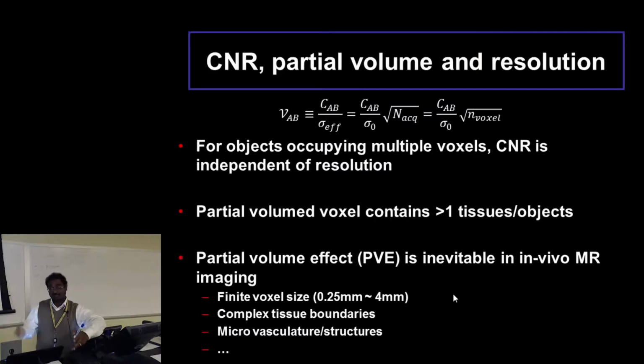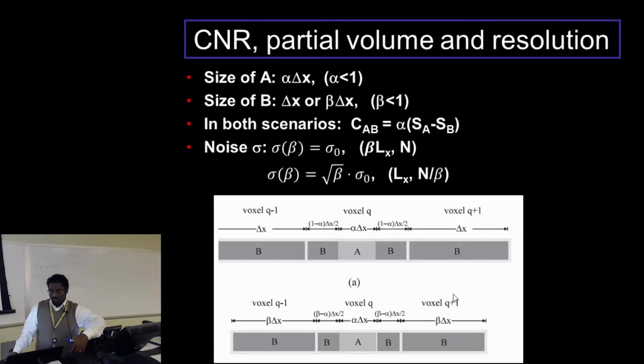Whether you can see the effect of the capillaries depends on how you gear your experimental parameters to sensitize yourself to that contrast. Or let's say if you increase your resolution, can you make yourself sensitive to the presence of those smaller vessels? You can evaluate that by looking at the contrast to noise ratio and the signal from those vessels relative to the signal of the background.